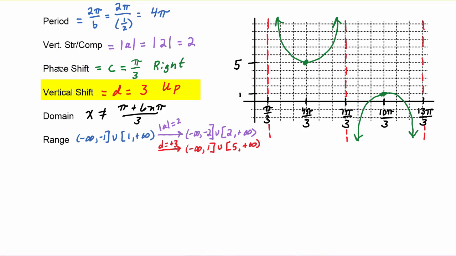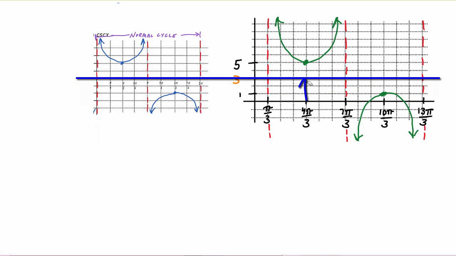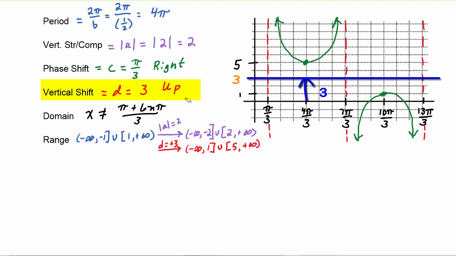The vertical shift, remember, you can use that vertical center we see is here at 3, halfway between 1 and 5. When we look at the x-axis of the unaltered cosecant, that's where the vertical center is, and instead that vertical center has shifted up by 3 to be here. So that agrees.